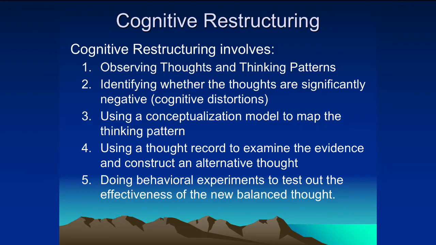We use a conceptualization model to map out the thinking pattern, as we had done in our previous example of the circle with the 5 different parts of our problem. And then we use a thought record to examine the evidence and to construct an alternative thought. And then finally we do behavioral experiments to test out whether this new thought is effective. As a new balanced thought, we can adopt it or not. It's our choice to do that.